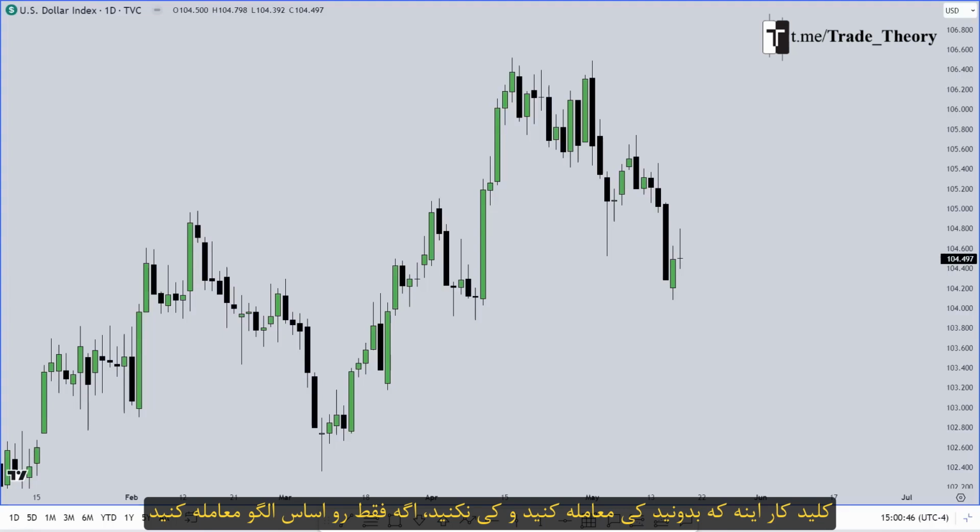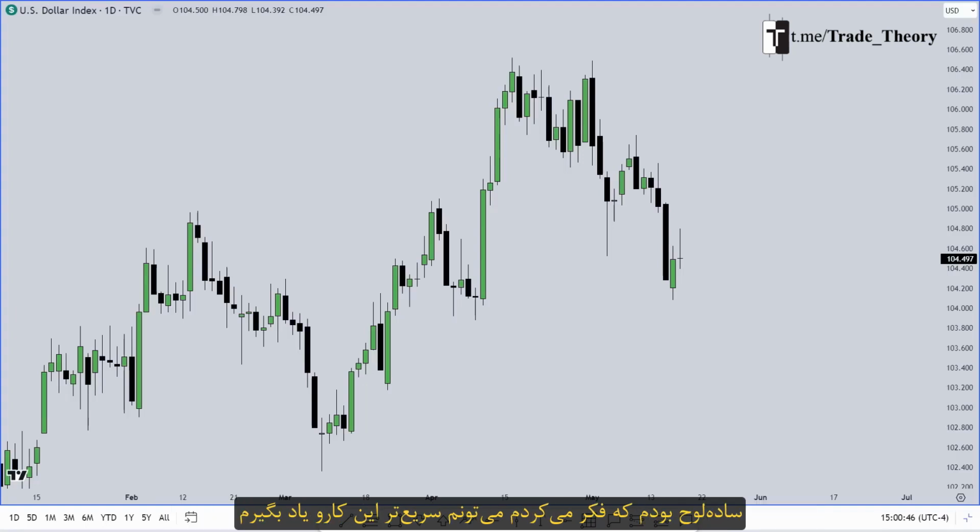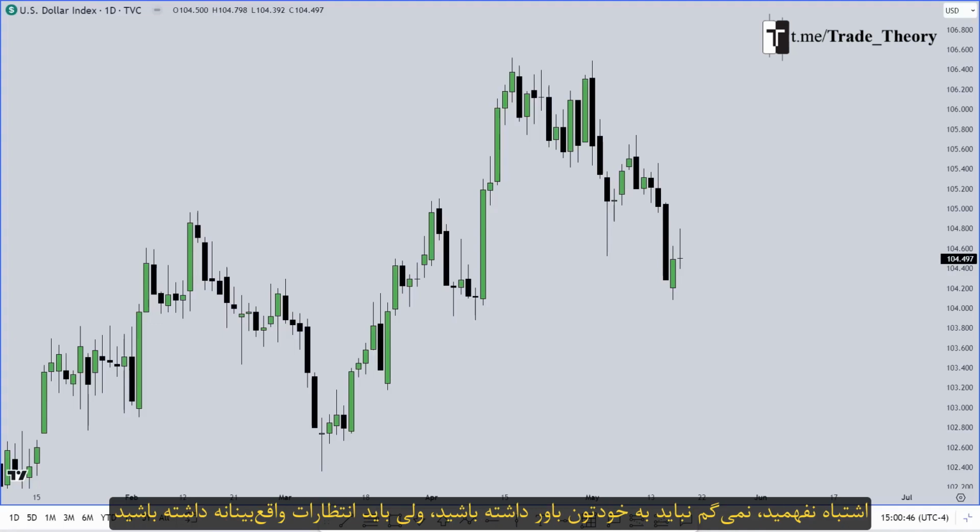If you're trading a pattern, you're just going to trade everything every time you see this pattern. And I've been there, right? That's the exact same thing that I used to do. And when it didn't work, I used to say, well, these concepts are flawed. When I now look back at how little I really knew in my first couple of years, compared to where I am at now, I was very naive in thinking that I could do this faster. And don't get me wrong, I'm not saying that you shouldn't have belief in yourself, but there has to be some realistic expectations.